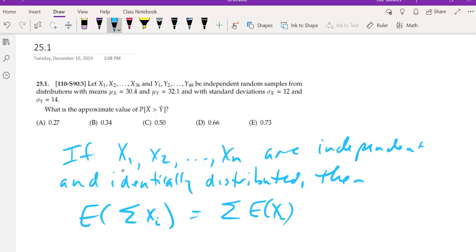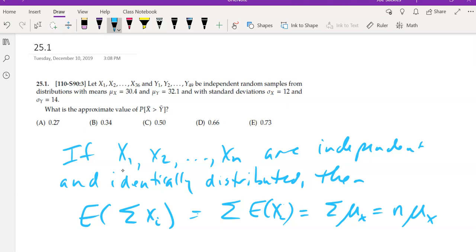And what do we say about each of the x's? If they're identically distributed, what can I say about the expected value for each? They have the same mean. I'll call it mu sub x. So all I'm doing is adding the means up, so I'll just get n times the mean, where mu sub x is the common mean of all the x's.